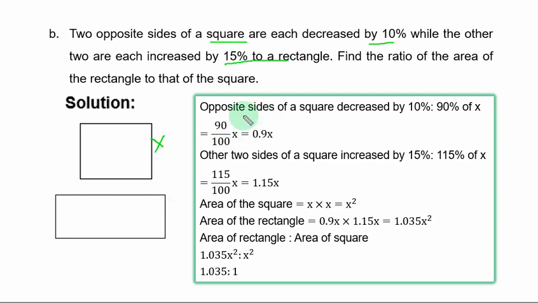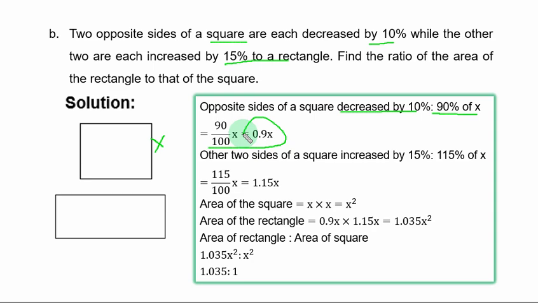Now, opposite sides of a square decreased by 10%. Total sides you have 100%. So after the decrease by 10%, you are left with 90% of the side S. That simplifies to this, and you have 0.9S.